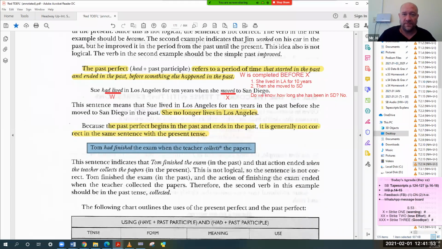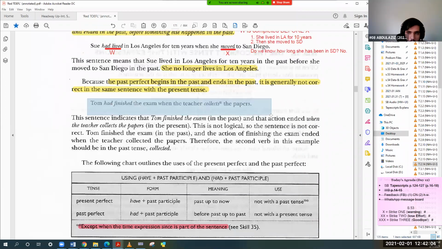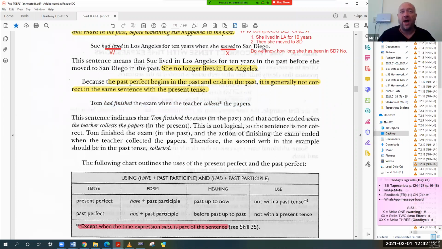The teacher collects the papers. Read the sentence, Tom. Read this. Tom, can you hear me? Yeah. Tom had finished the exam when the teacher collects the papers. Okay. What's the problem here? The second verb.